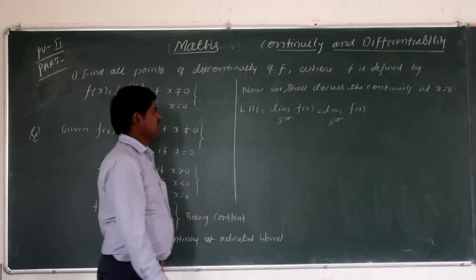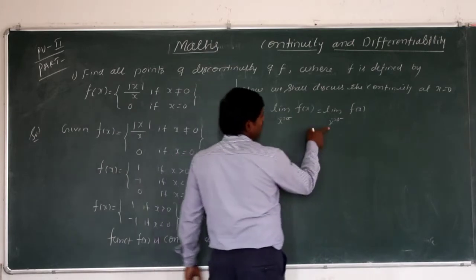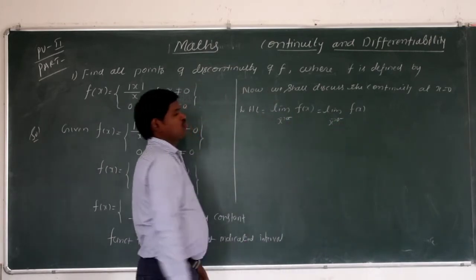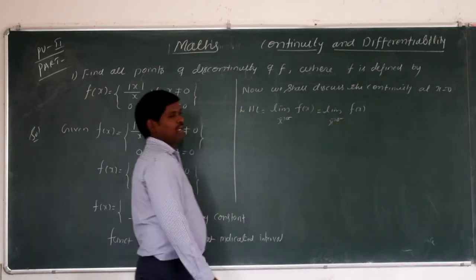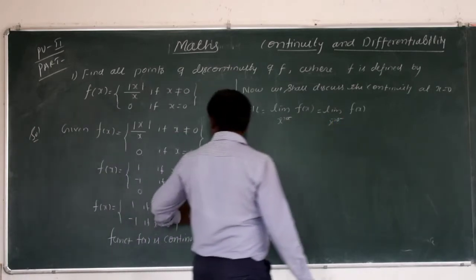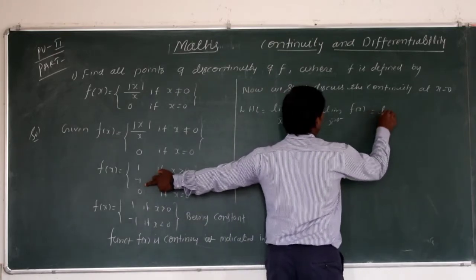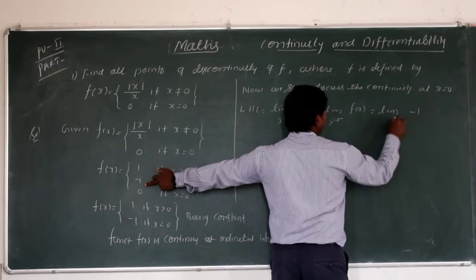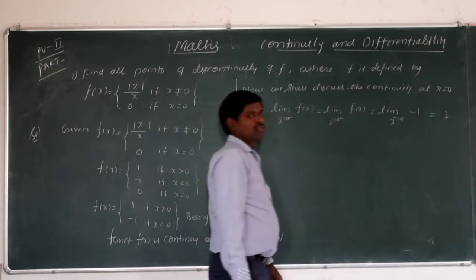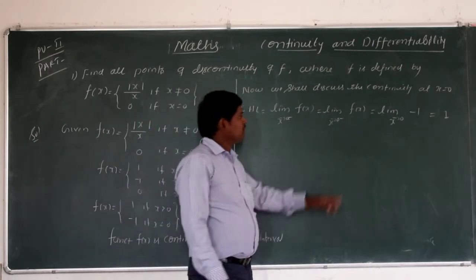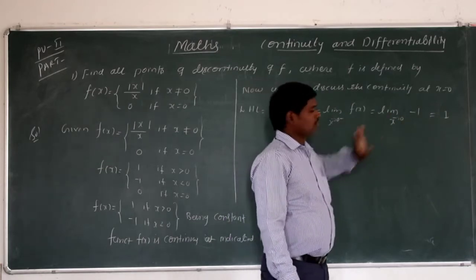When the value of x approaches 0 minus, that means the value of x is less than 0, and for x less than 0, f of x is nothing but minus 1. So it is equal to the limit of minus 1 as x tends to 0. The limit of a constant function is that constant. So therefore the left hand limit is minus 1.